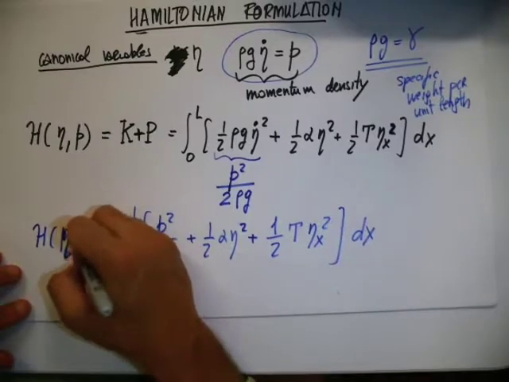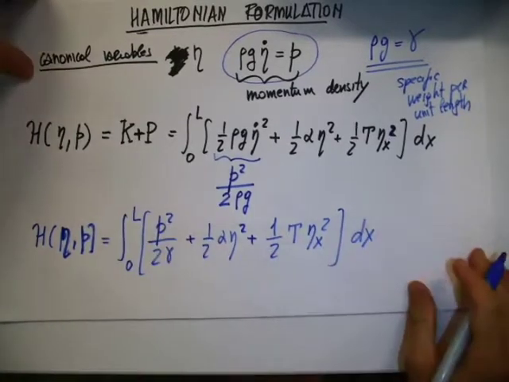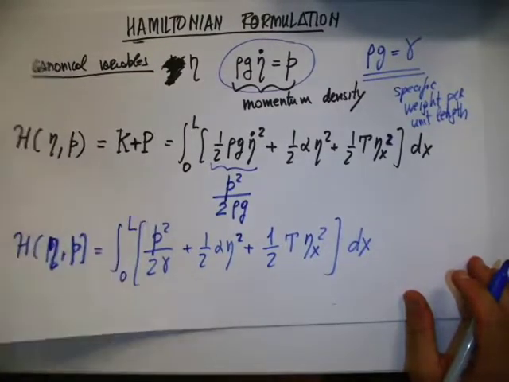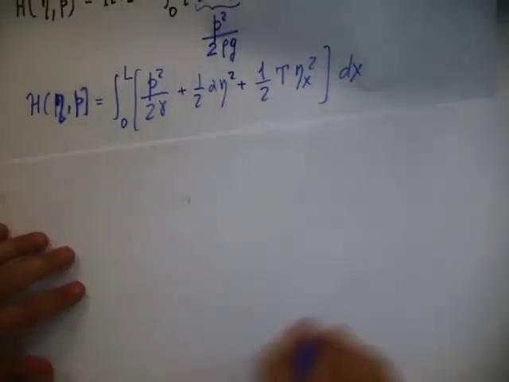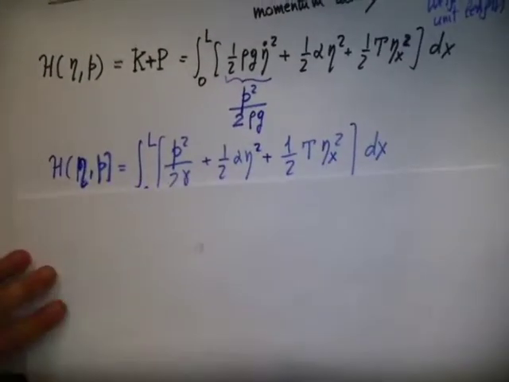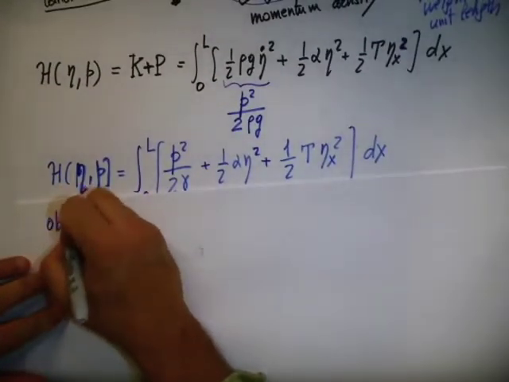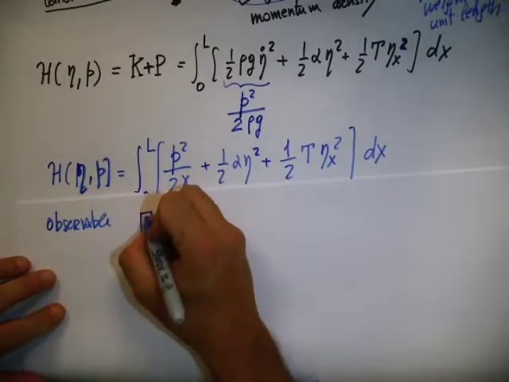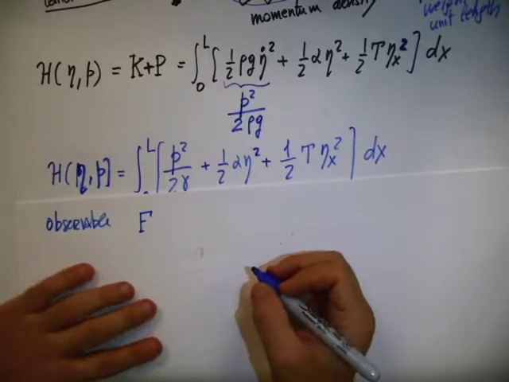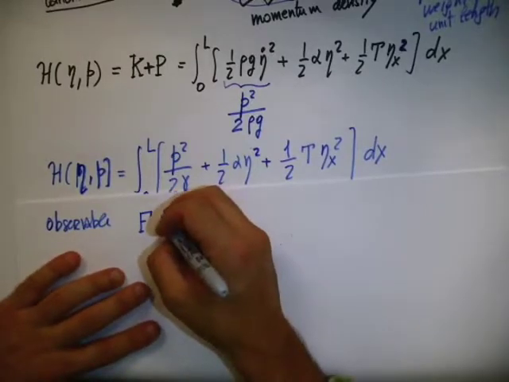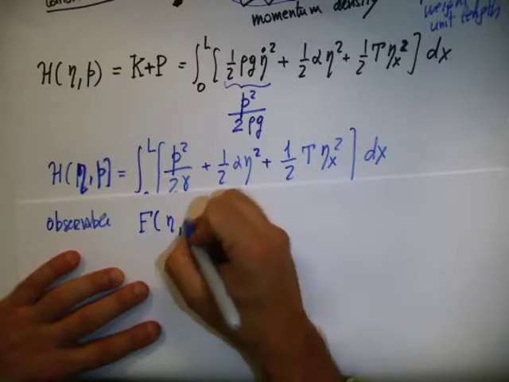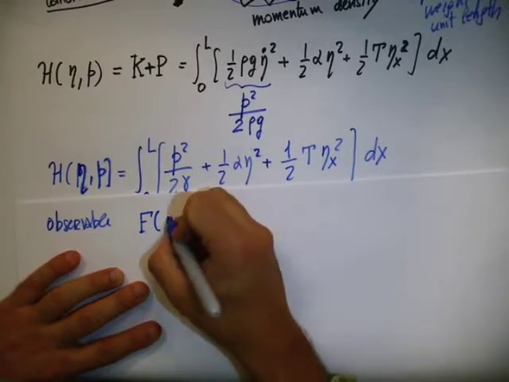Okay, so let's see if this is the Hamiltonian. If this is the Hamiltonian, let's consider an observable f, which in general can depend upon eta, p, and time.